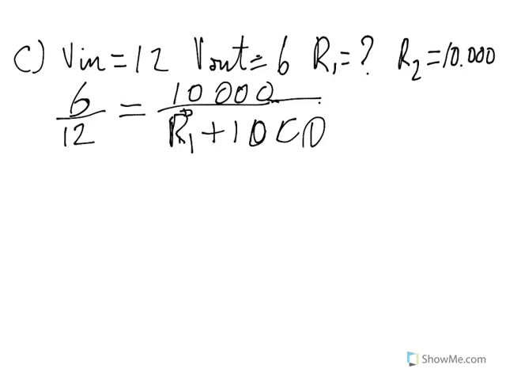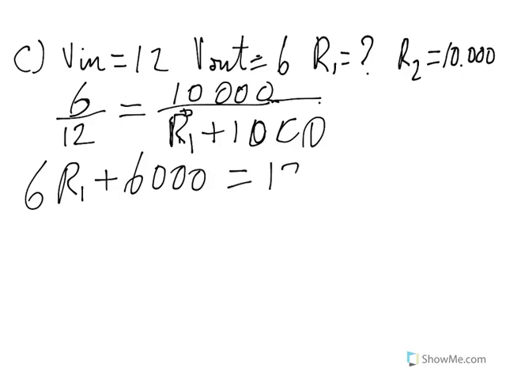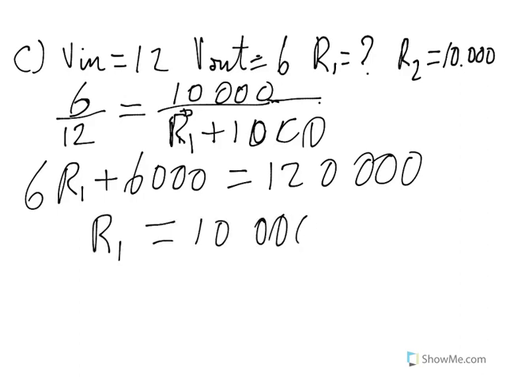Then rearrange, times both sides by R1 plus 10,000. You get that 6 R1 plus 60,000 equals 120,000, times both sides by 12. Take 60,000, divide by 6, and you find that R1 needs to be set at 10,000 for us to have 6-volt output.